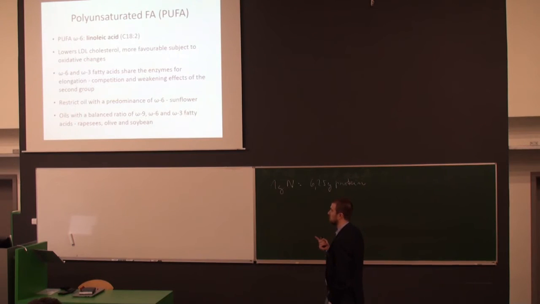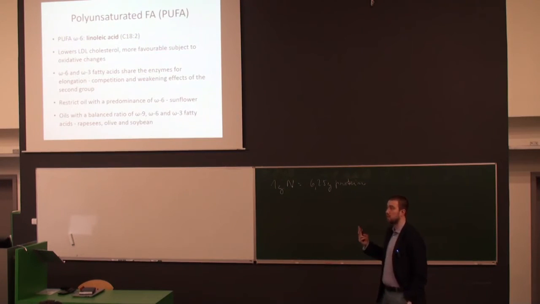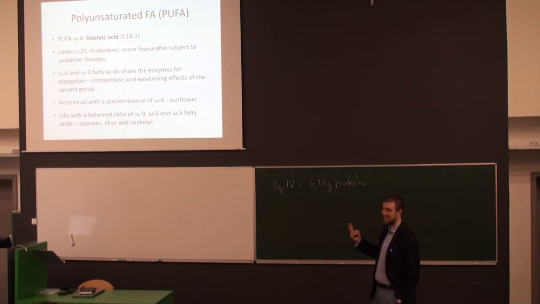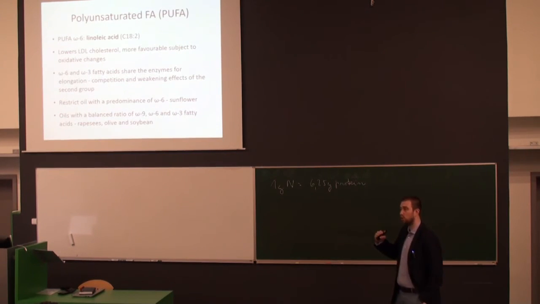And as you know, eicosanoids are important for inflammation processes, for blood coagulation, for the survival of the epithelial cells. So we must have this acid in the diet when we want to keep our body in normal standard condition.